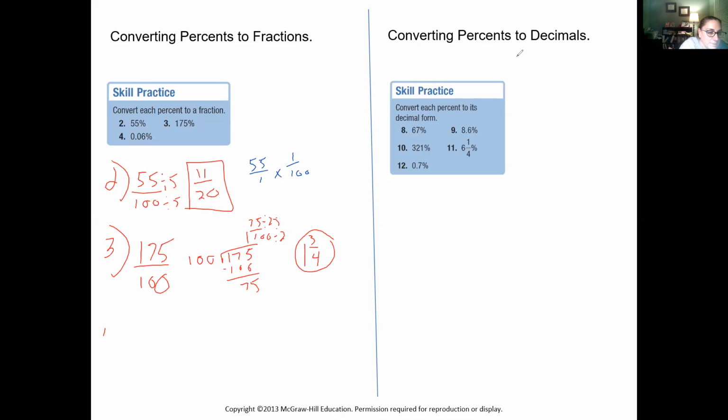And for number 4, okay, we have 0.06%. So that's 6/100. So that's 6 over 100 times 1 over 100, which is 6/10,000, which reduces, divide by 2, and it's 3 over 5.